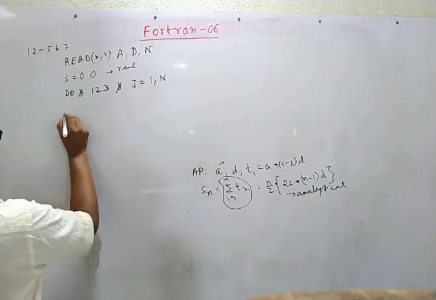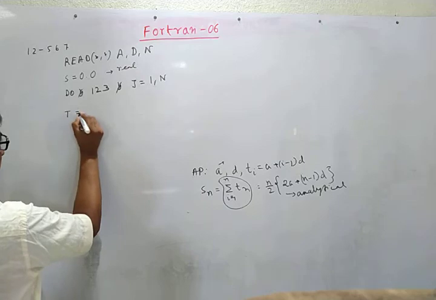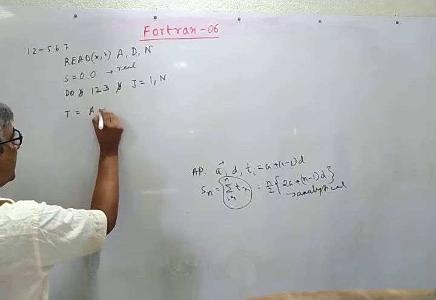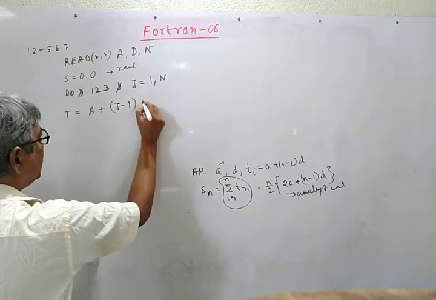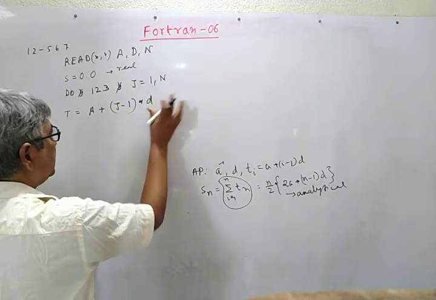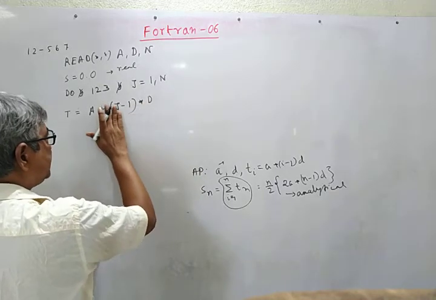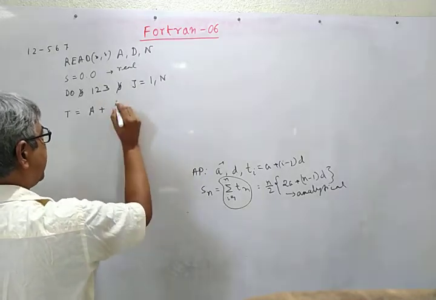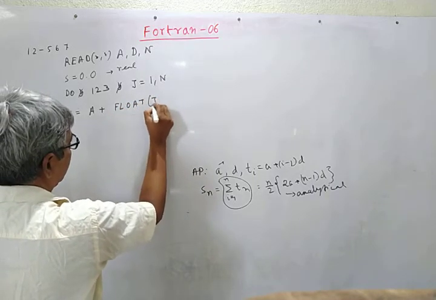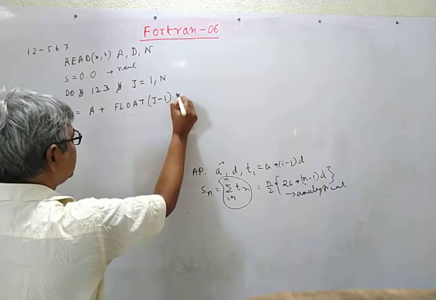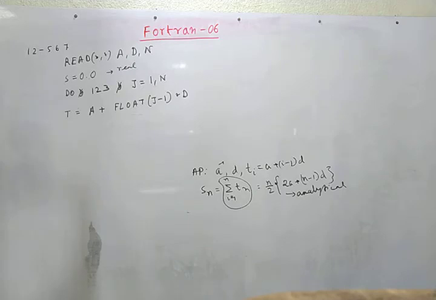Then term, I denote term as a + (j-1)*d. This is not a proper way of writing this. One should do it better by writing float(j-1) times d. This expression is in the real mode.